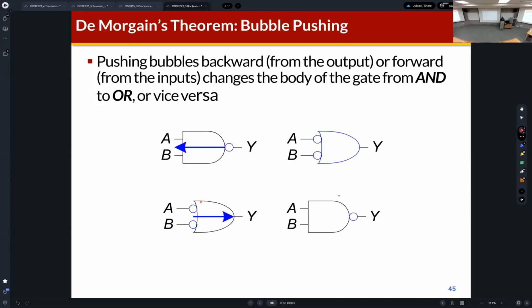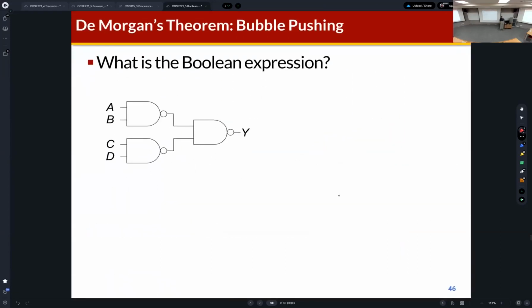So using the bubbles and these gates, we can understand the De Morgan theorem like this. Let's apply it. What is the Boolean expression of this gate? What is the Boolean equation?